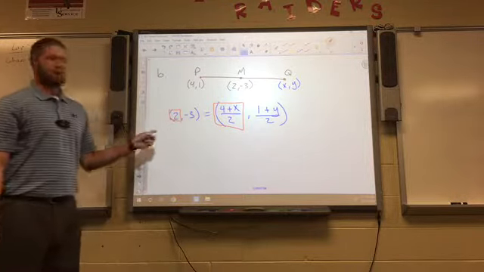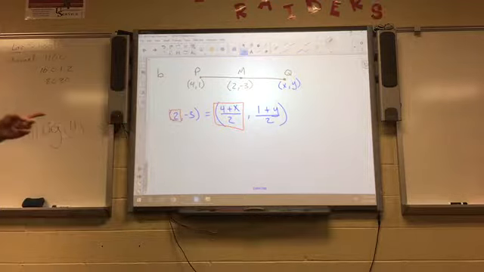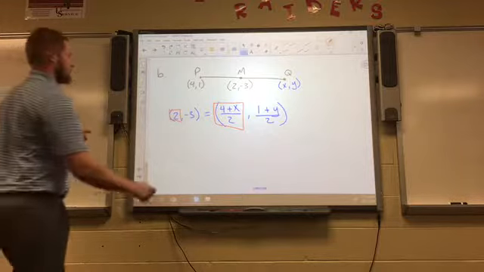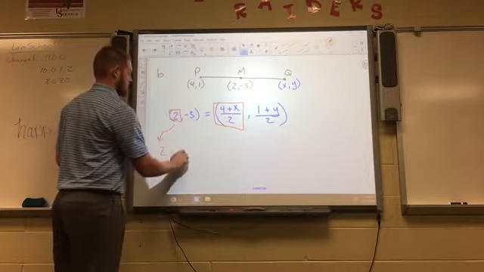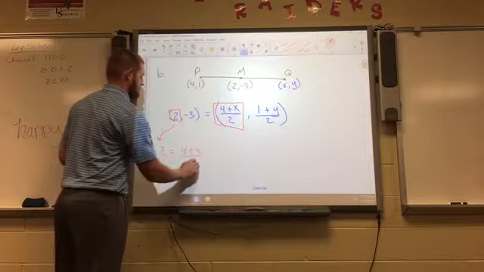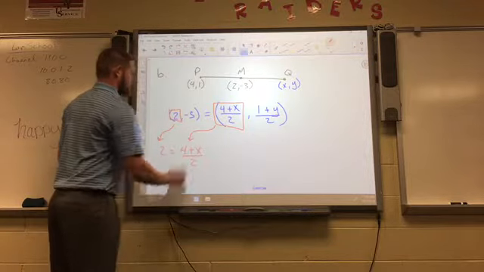So those two things should be equal to each other, right? What did I say a little bit ago? If you can tell me that two things are equal to each other, we should do what with them? Set them equal to each other. So 2 from here must equal 4 plus x over 2.